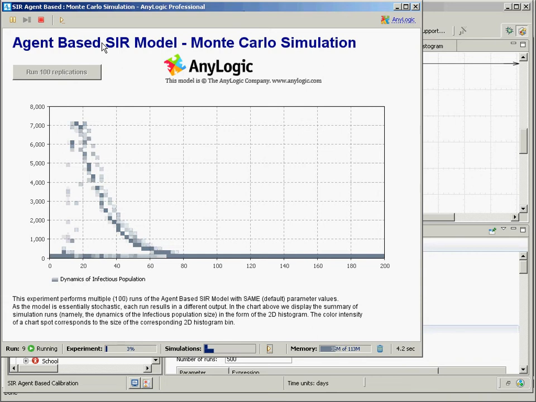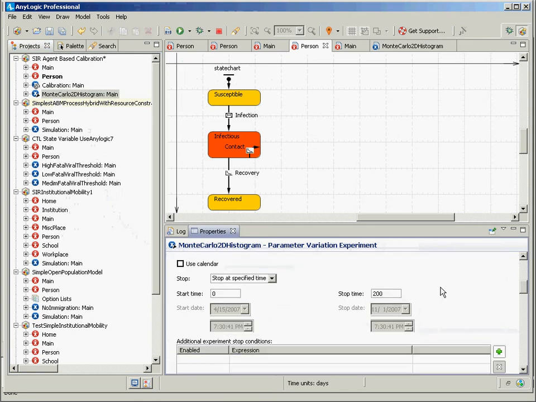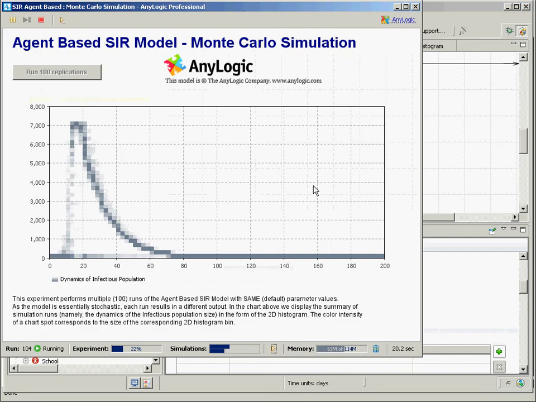How do I know that? If you go here and you look at this and you scroll down, you'll find that model time, the stop time, is 200. And so each of these runs is run to time 200. And this x-axis is giving time.